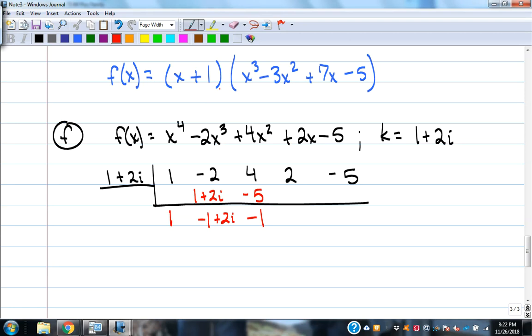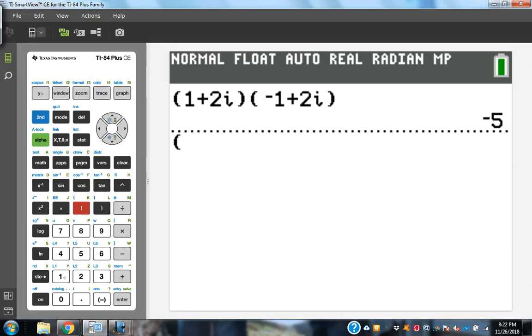4 plus negative 5 is negative 1. That multiplication I can do without the calculator. Negative 1 times 1 is negative 1. Negative 1 times 2i is negative 2i. I'm going to add that together, so that'd be 1 minus 2i. This multiplication, I'm going to use the calculator to help me with: 1 plus 2i times 1 minus 2i.